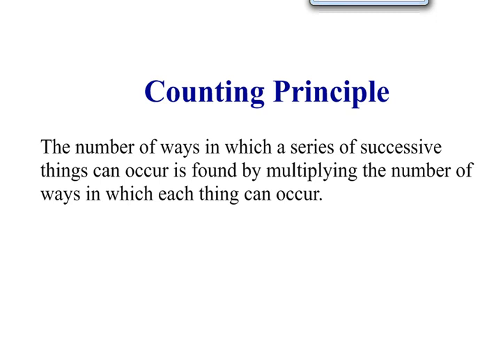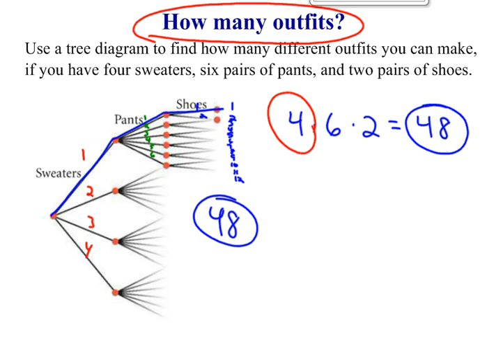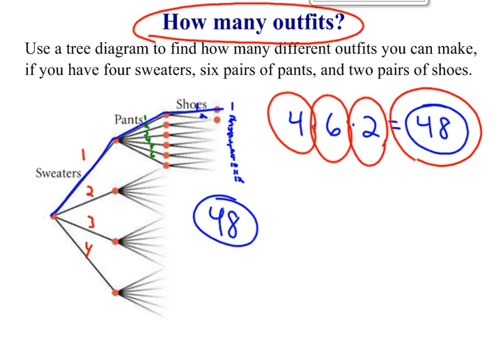So in the example that we just did, to find how many different outfits we can get, we took the number of different ways we could choose a sweater, times the number of ways we could choose a pair of pants, times the number of ways we could choose a pair of shoes. We multiplied those up, and we got the total number of different outfits that we possibly could come up with.